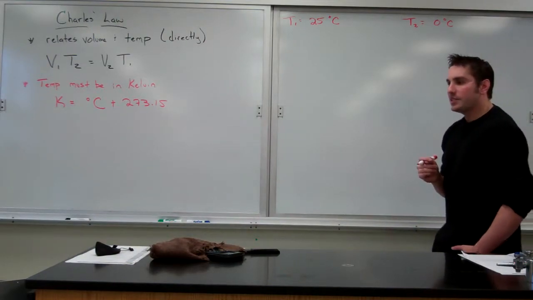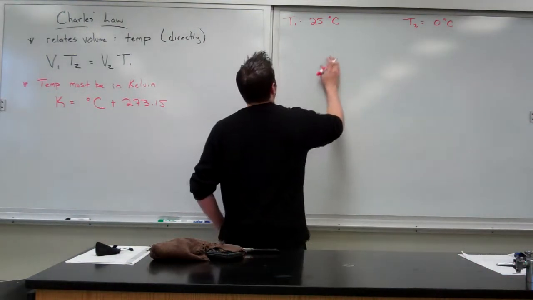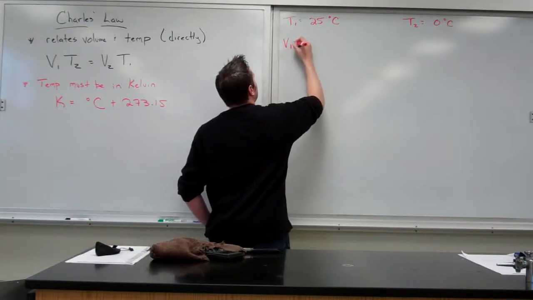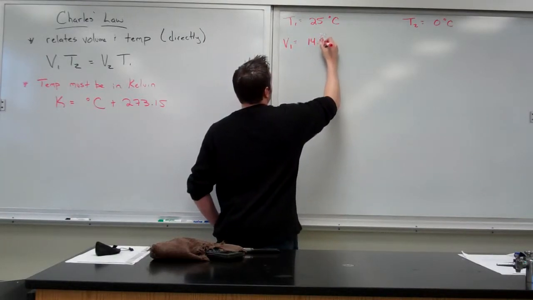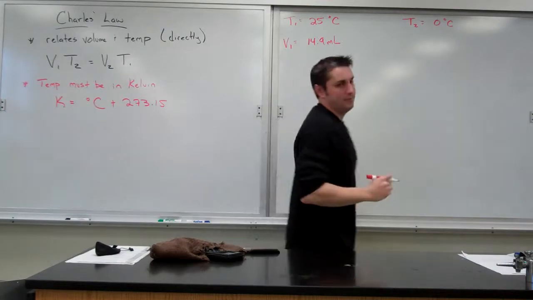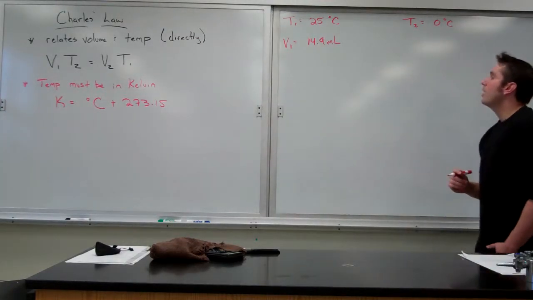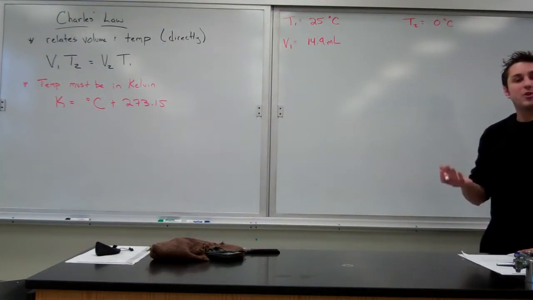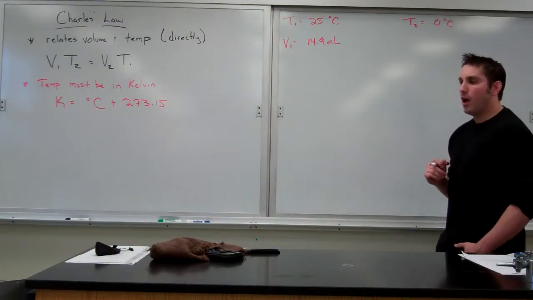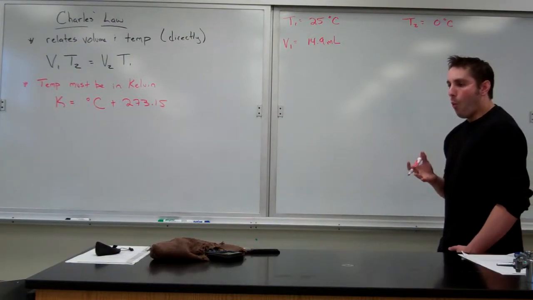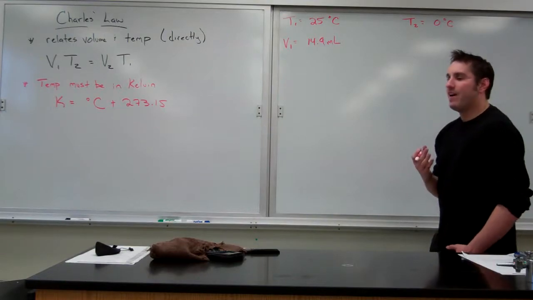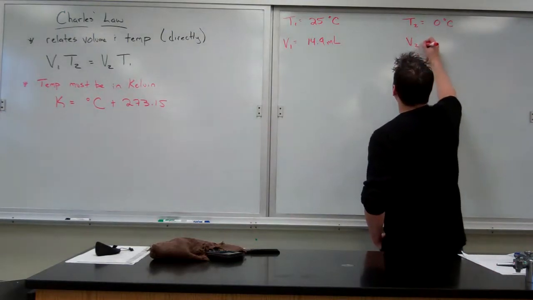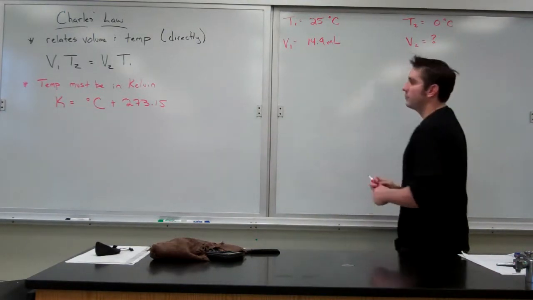Third number I see is 14.9 milliliters. Milliliters is a volume, so I call that V1. I'm out of numbers, so now I look for what the question wants. It says, what is the final volume? So we are looking for V2.